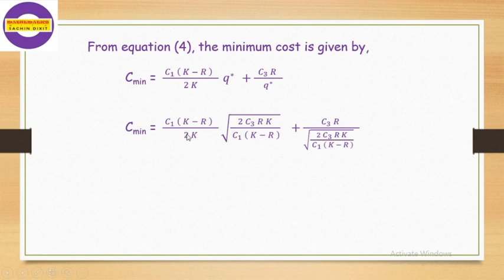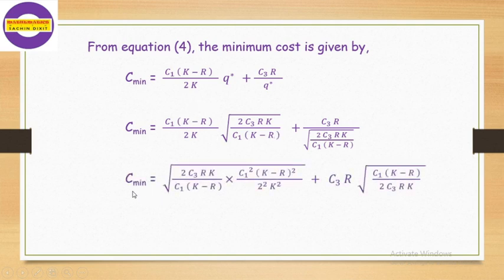The term outside of the square root we can transfer into the square root, we have to take its square. So the next expression will be c minimum is equal to under root of 2c3 rk upon c1 into k minus r. Here the term in the root stays as it is, and we transfer this term into the square root, therefore we get c1 square into k minus r whole square divided by 2 square k square.